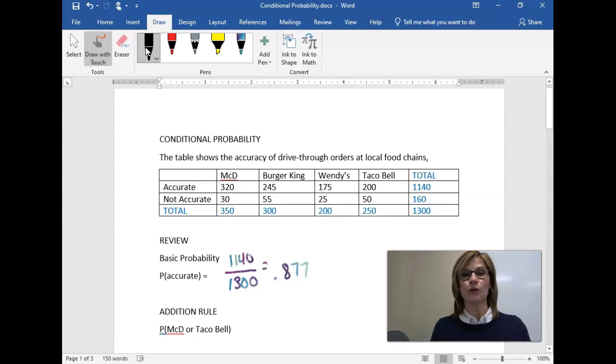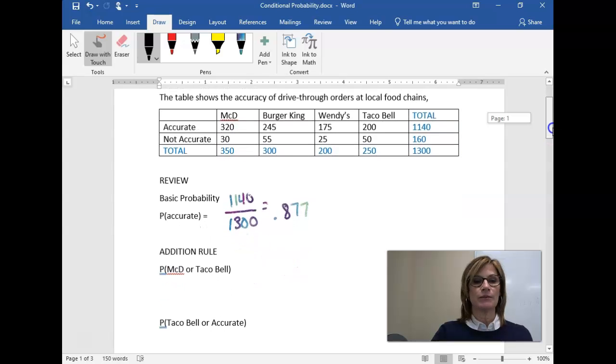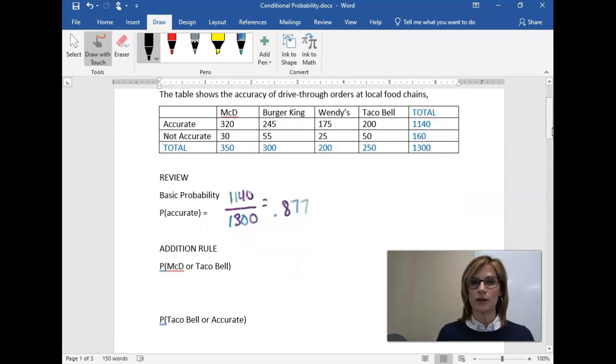Okay, addition rule, and we did this current week. The probability of McDonald's or Taco Bell. And we talked about whether things were independent or dependent, or if they had an overlap.